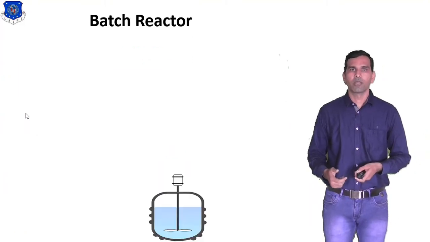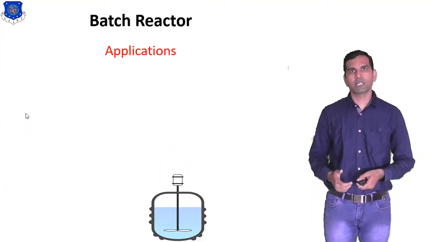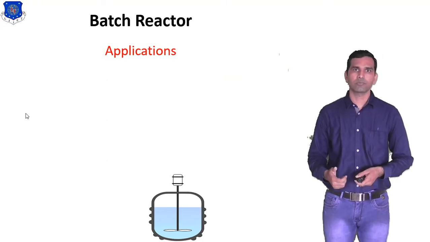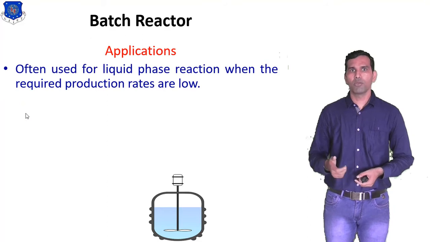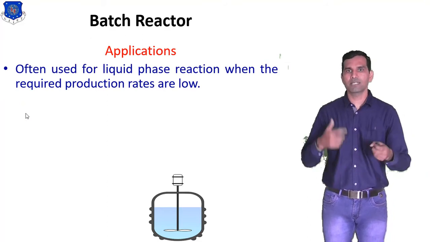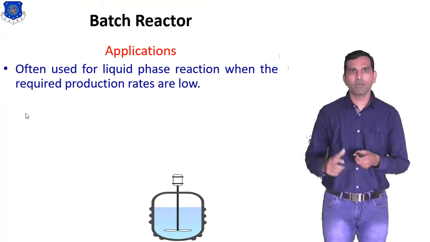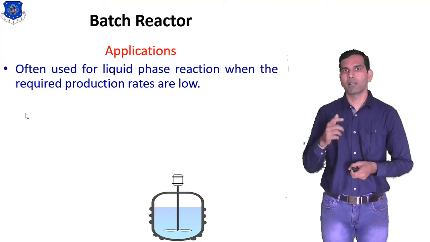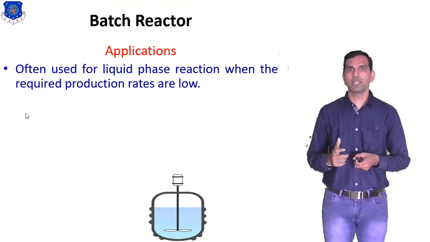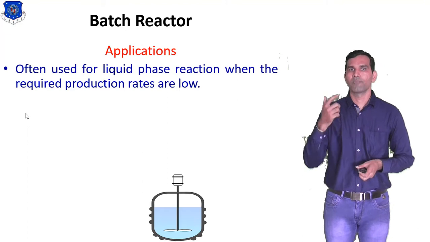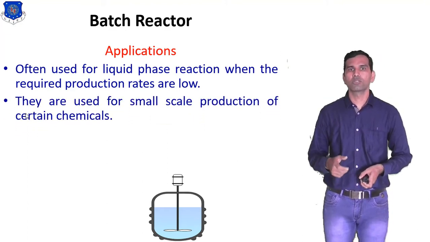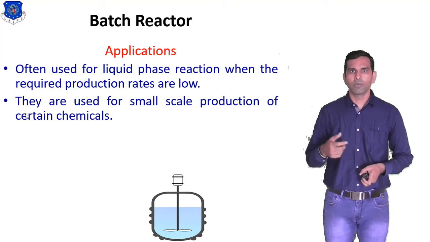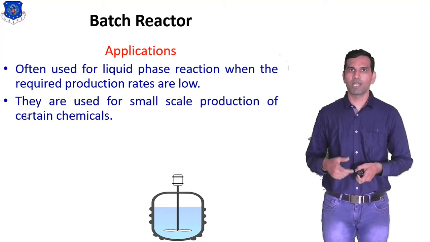Now we discuss the applications of the batch reactor. First application is that it is often used for liquid phase reactions when the required production rates are low. Next, they are used for small scale production of certain chemicals.